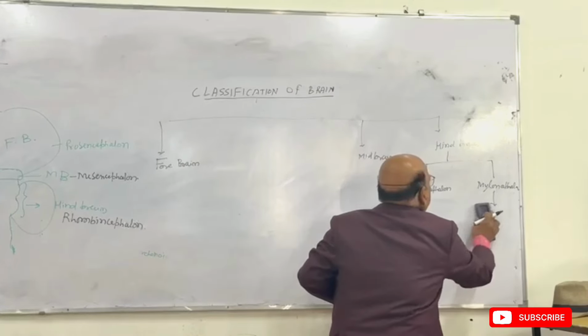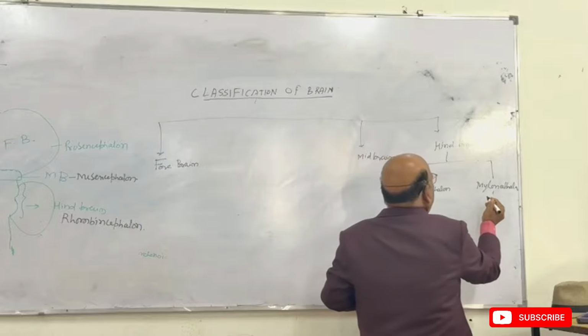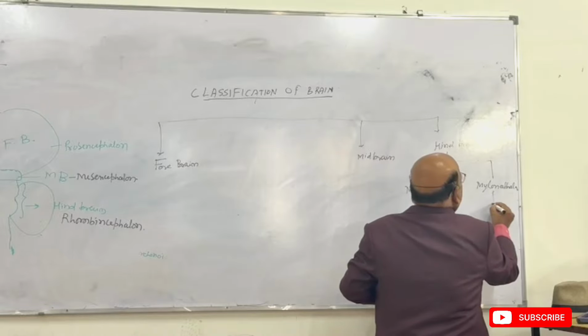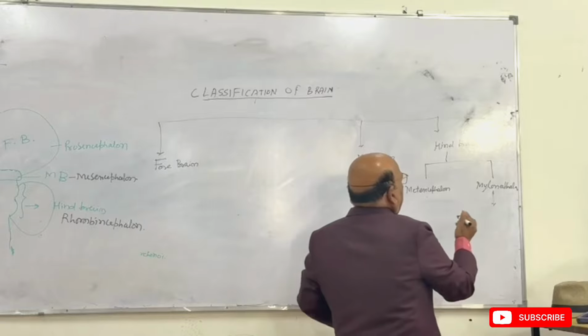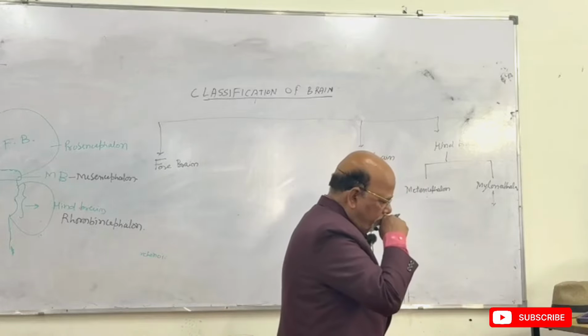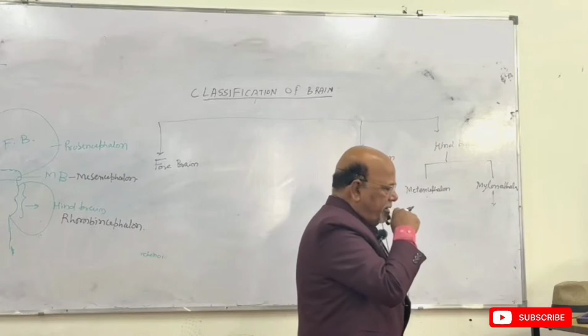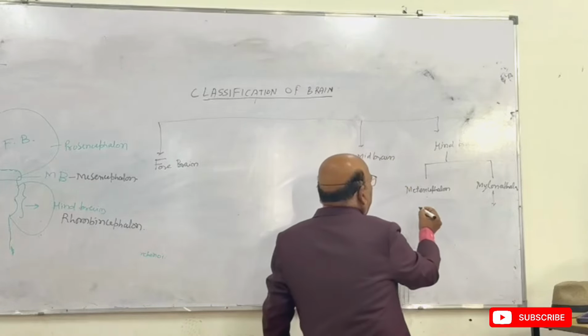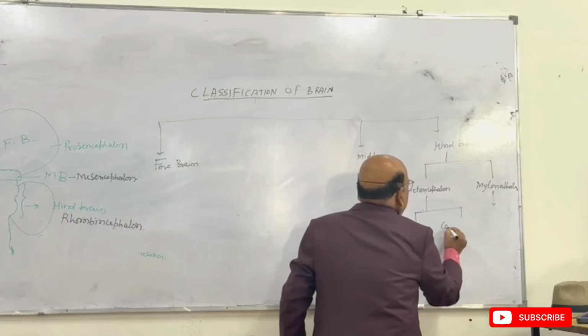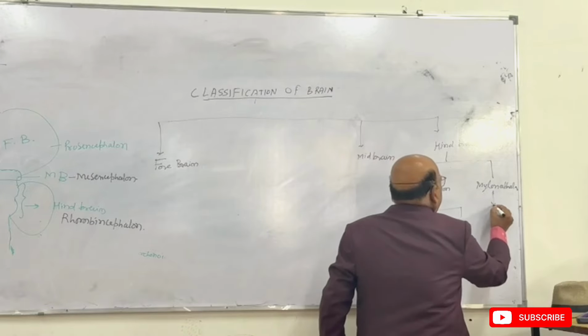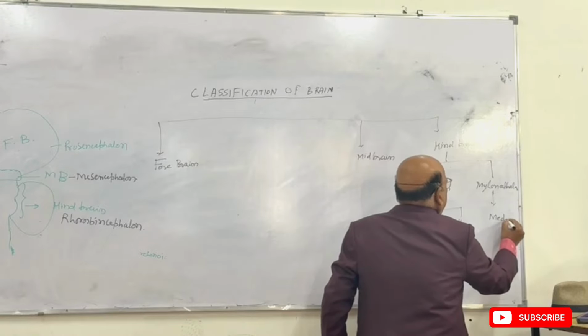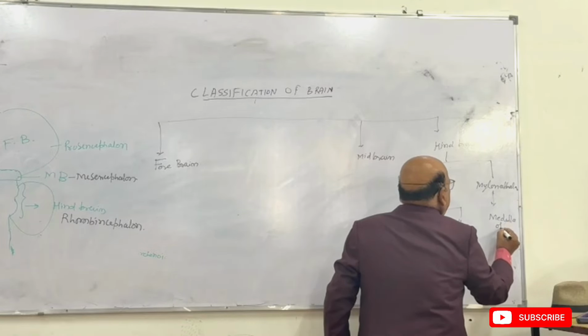Metencephalon is concerned with the pons and cerebellum, and myelencephalon is concerned with the medulla oblongata.